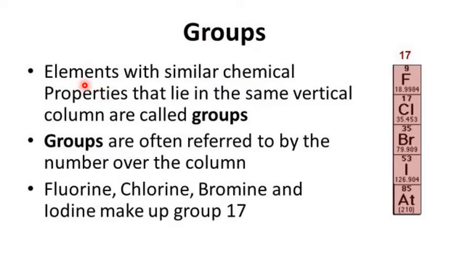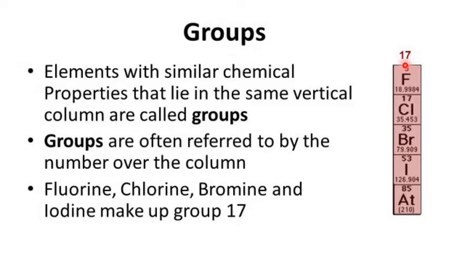Groups. Elements with similar chemical properties that lie in the same vertical column are called groups. Groups are often referred to by the number over the column. Example: fluorine, chlorine, bromine and iodine make up group 17.